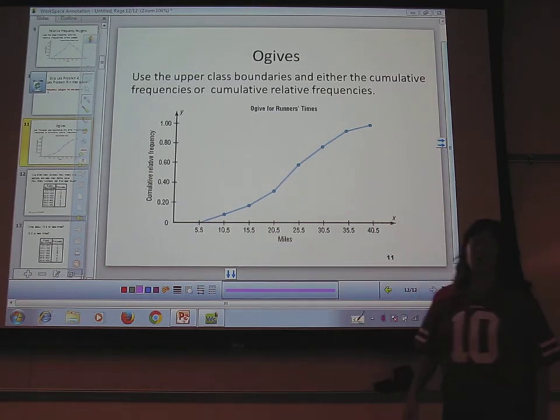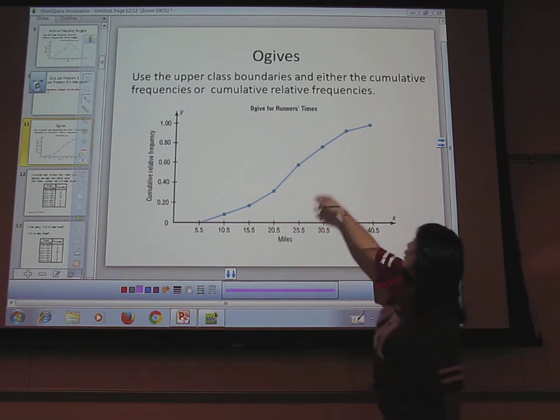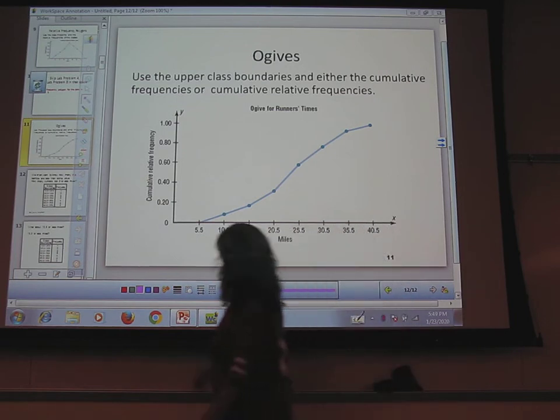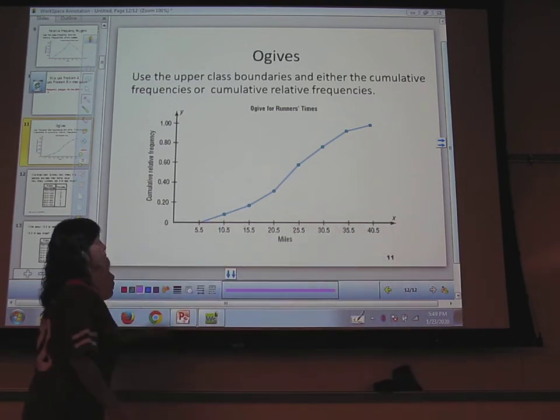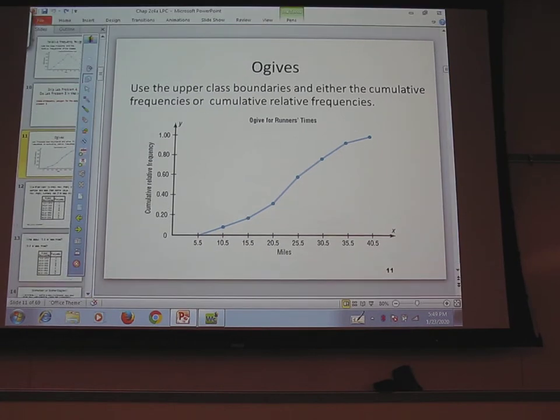You can't have 2 people who read 5 or less books and then all of a sudden only 1 person who read 10 or less books. So it's always going to go up, and it should end with 100% or all the people. These are your upper class boundaries, and I'll explain why we use those.